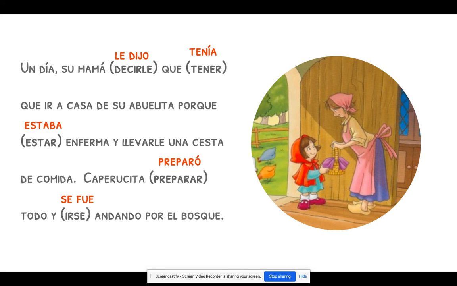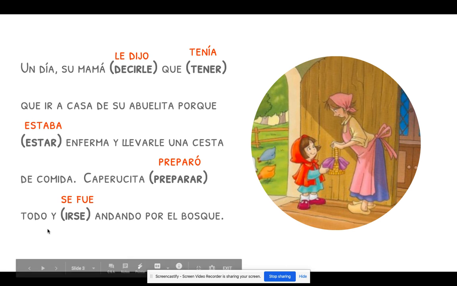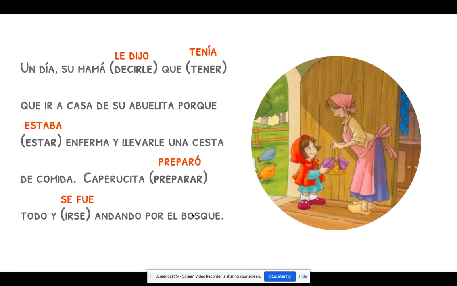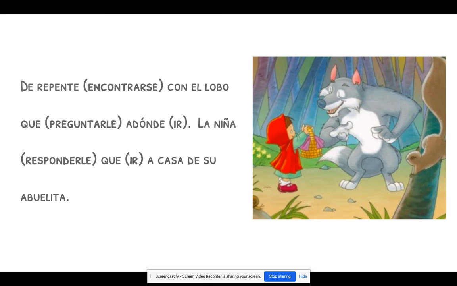These two actions both move our story forward. Little Red Riding Hood prepared everything, and then after she prepared everything, she left, walking through the forest. So we know that those are the next two events that help to continue our story and get us towards the end.